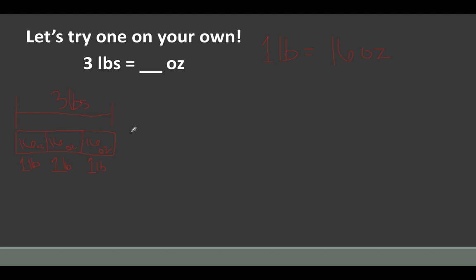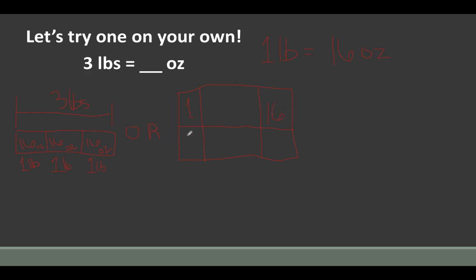And then we could also do our input-output table. So we have, I'm going to try and draw this as best as I can. We have 1 pound equals 16 ounces.